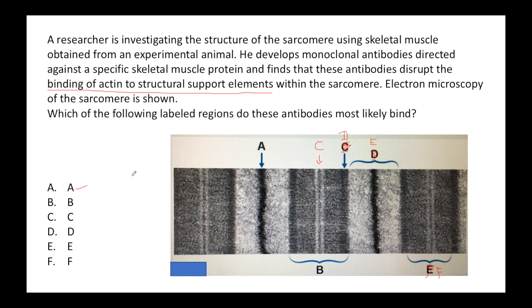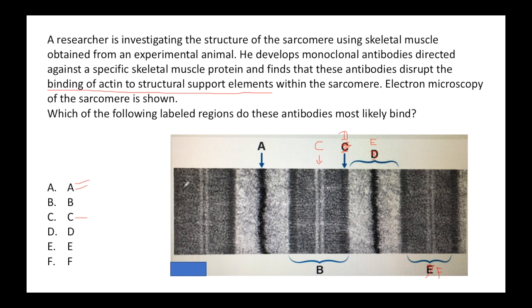Are you talking about titin? Yes, to your titin question. Why? Actin to structural support elements. Okay, I almost feel like it's D now. Yeah, I'm going with D. Sorry, I changed my answer. But titin is the anchor. D is the interlocker.